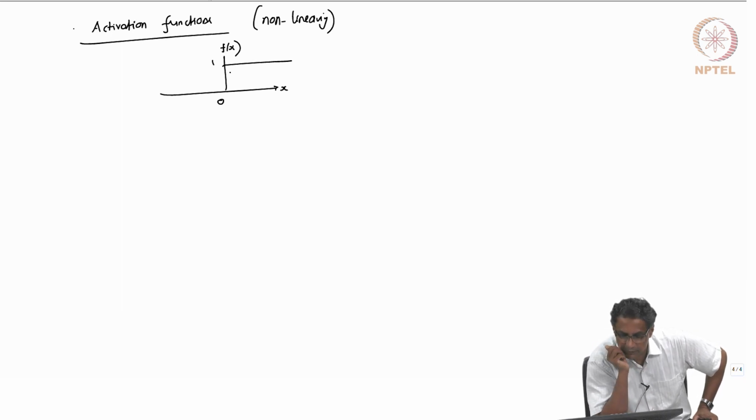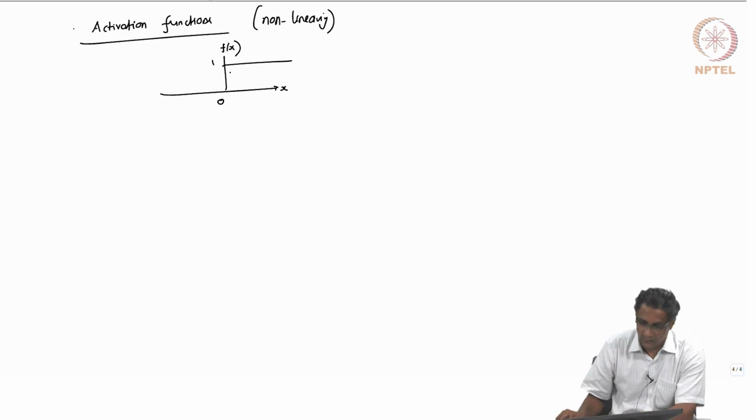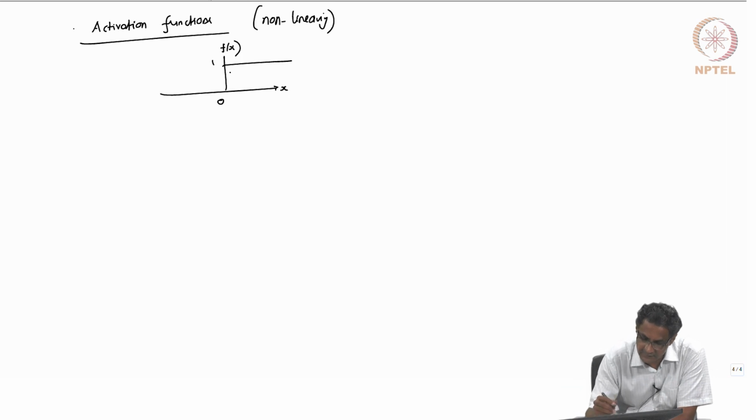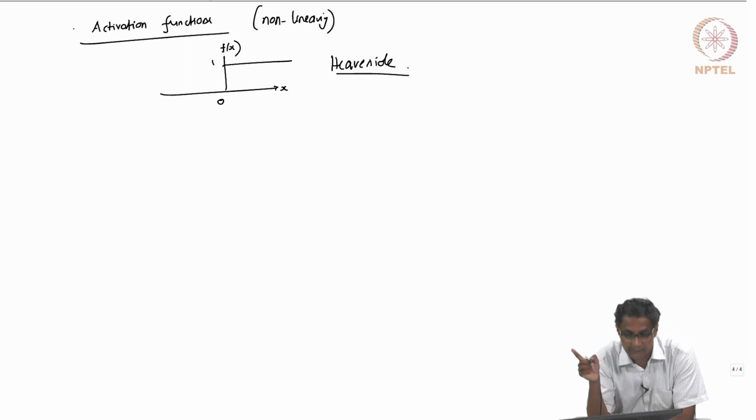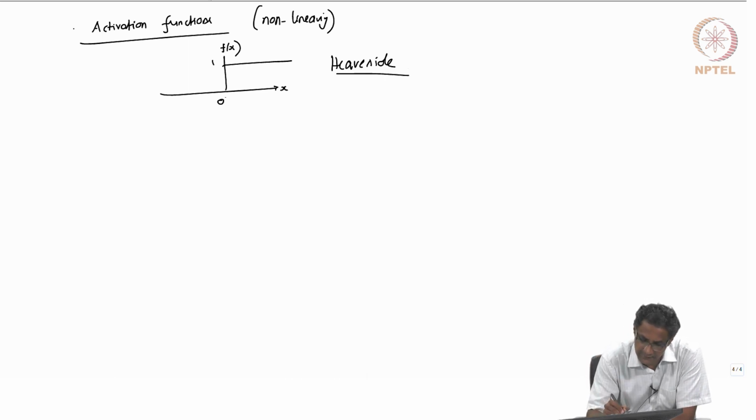But here people don't worry so much about that value. Some people will say at x equal to 0 I'll take it to be 0, or somebody will say I'll take it to be 1. Now this is the Heaviside, but because you need to take ∂f/∂x along the way, at this point it is not differentiable.